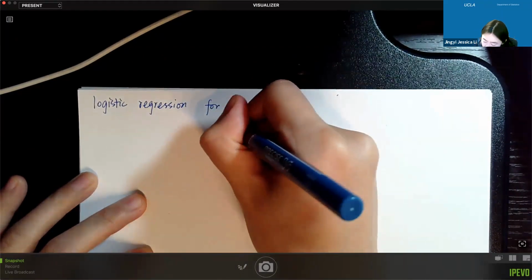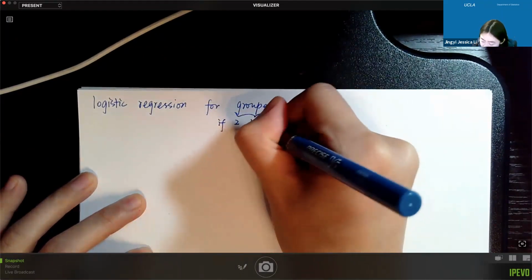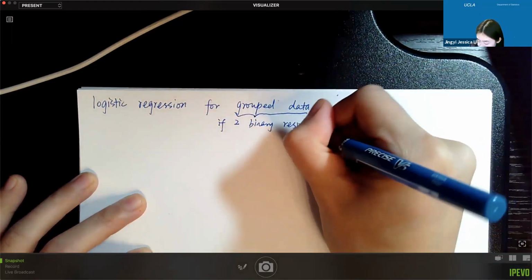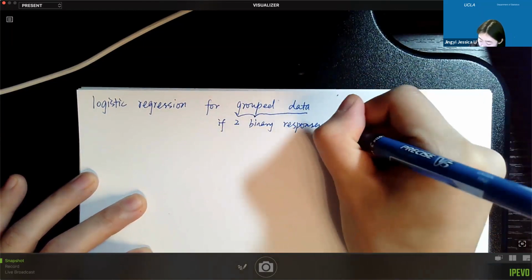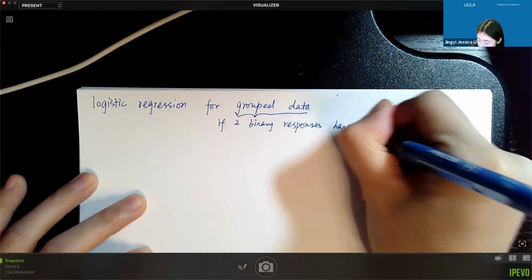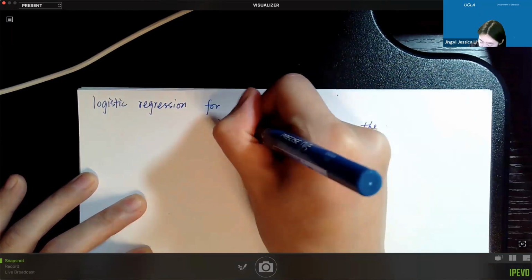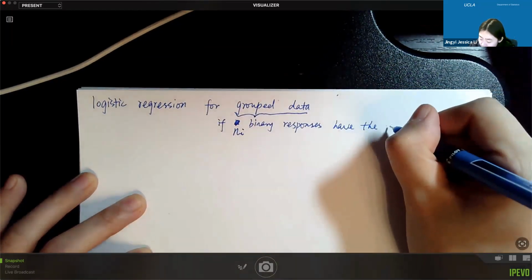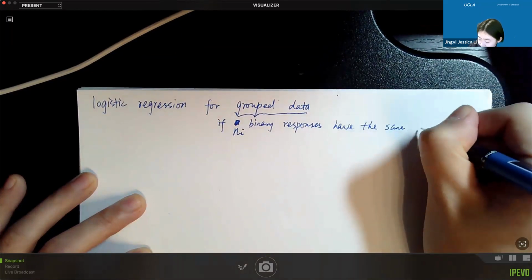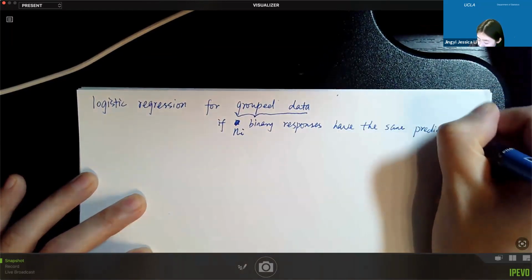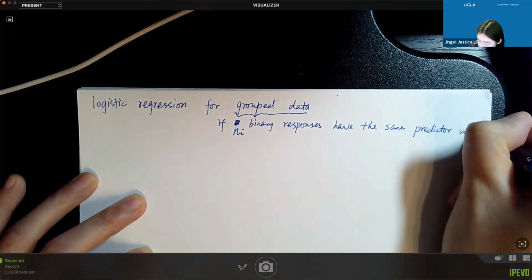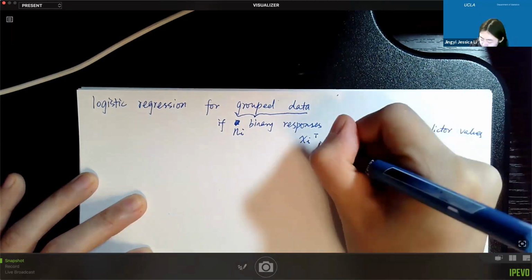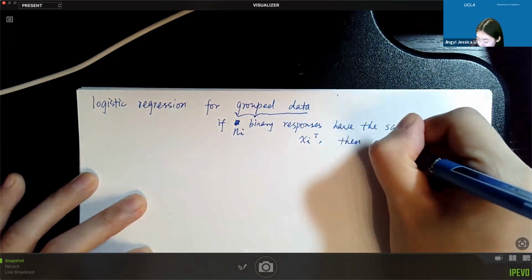So if Ni binary responses have the same predictor values, Xi transpose, then group them.